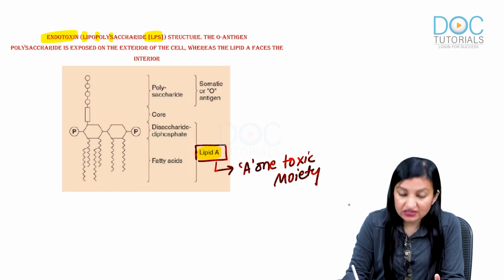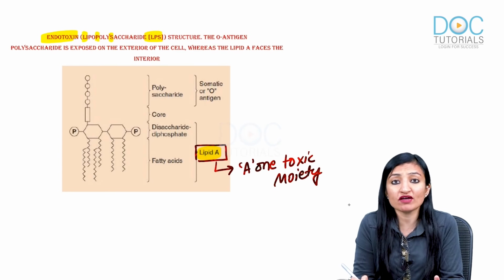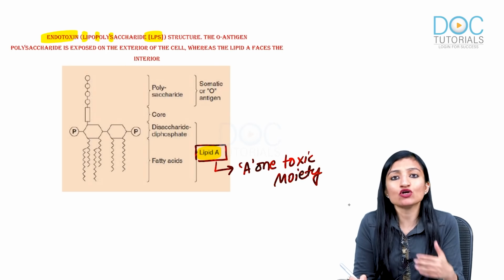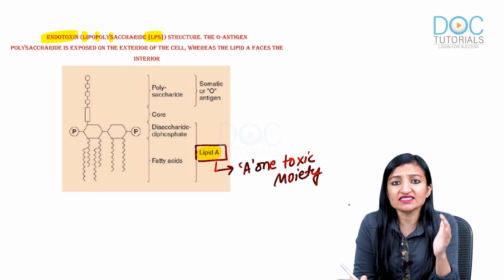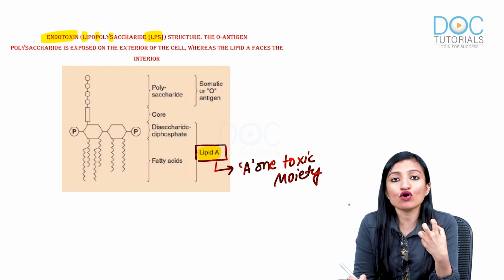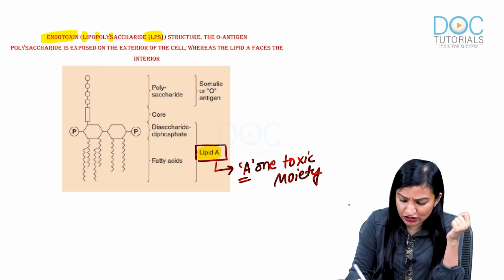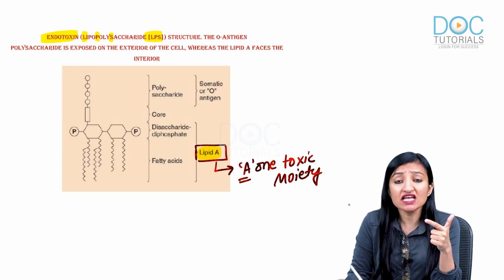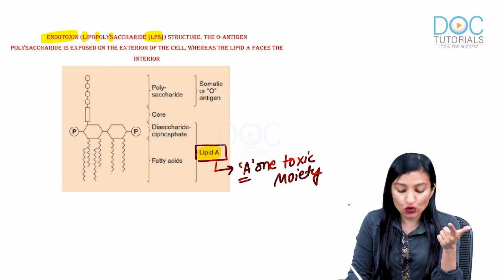I just mentioned that LPS is responsible for a very fatal deadly disease, that is endotoxic shock or gram-negative shock. And the question is often asked, what exact part of LPS is responsible for endotoxic shock? The answer is lipid A. So it is the A1 toxic moiety or the villain which is responsible for the disease gram-negative shock or endotoxic shock.